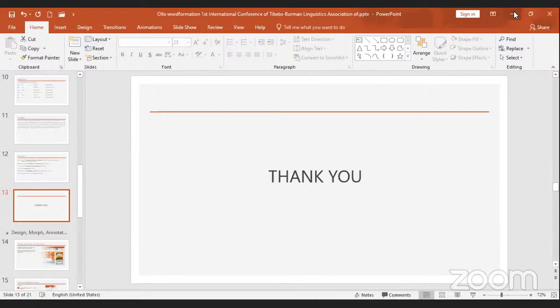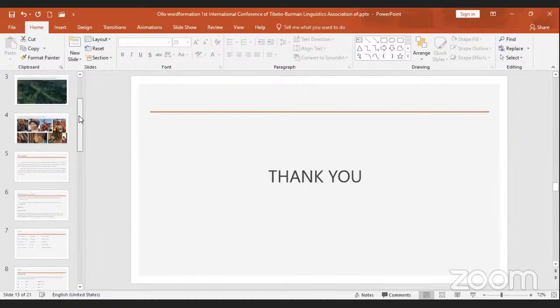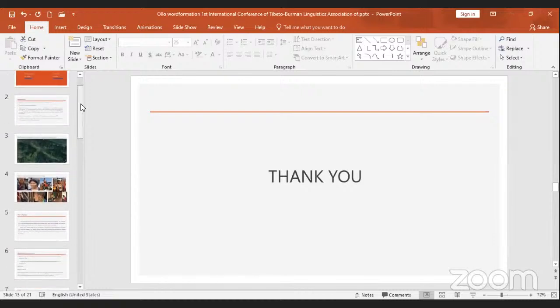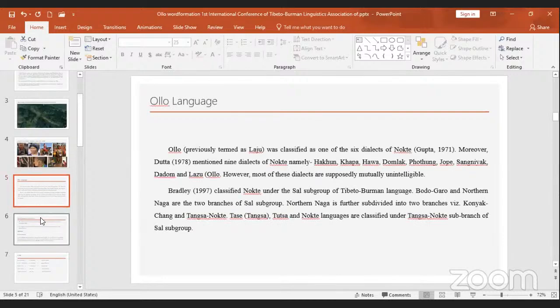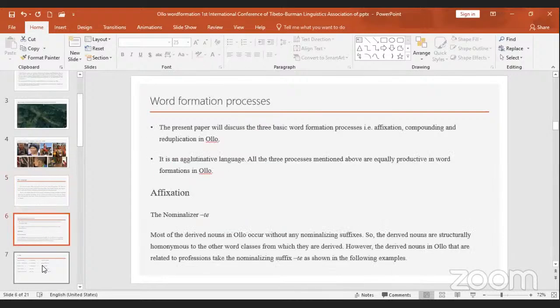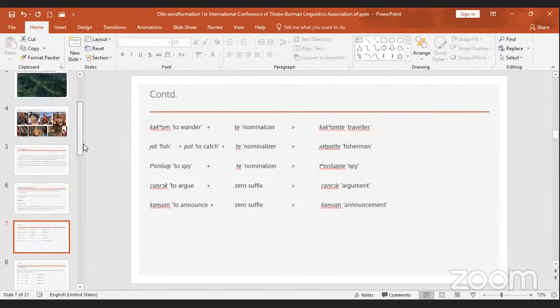In the nominalizing process, the argue and the argument, where there is no prefix, I wanted to know whether there is a tonal change or not. To argue and then to form the argument, is there a tonal change between?